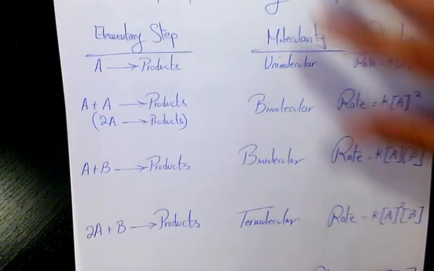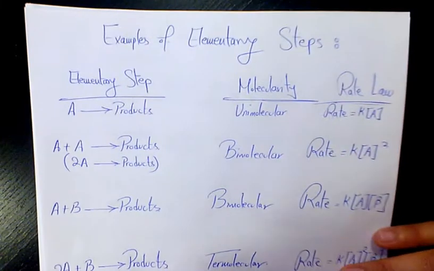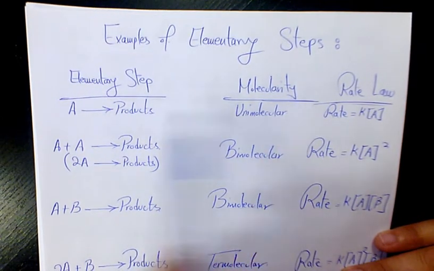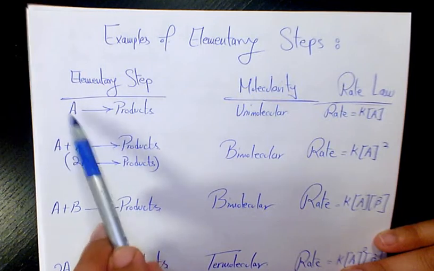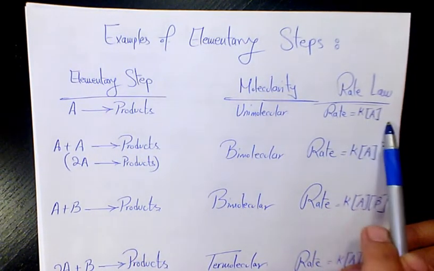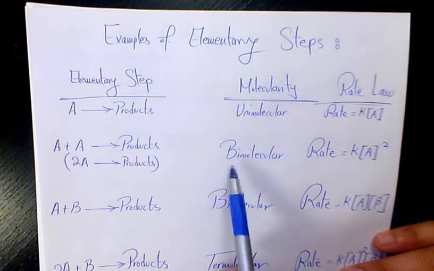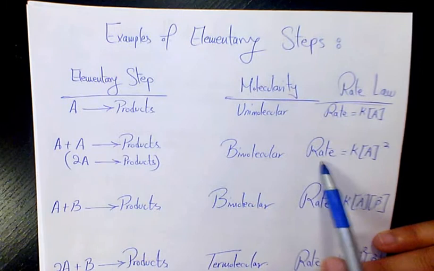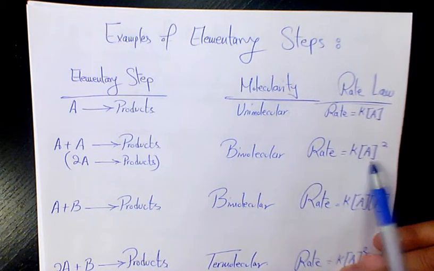So let's see some examples of elementary steps. If we are dealing with a unimolecular step, it means that we have only one species. A gives products. We can write the rate law as k times [A]. If we have bimolecular, for example, A plus A or 2A gives products, the rate is going to be k times [A] squared.